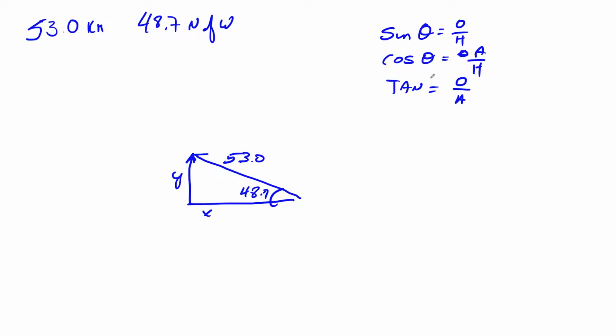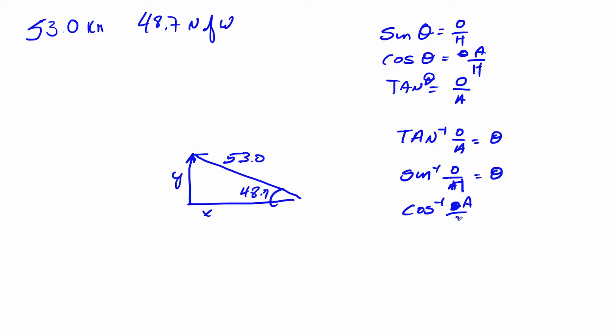Now, if we take the inverse tangent of opposite over adjacent, that will give me the angle. The inverse sine of opposite over hypotenuse will give me the angle. And so forth with the cosine: the inverse cosine of adjacent over hypotenuse will give me the angle.